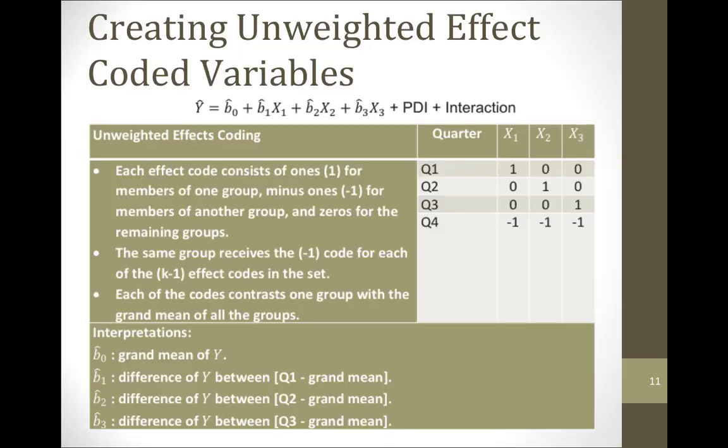And then B1 will be the difference between Q1 and the grand mean, so these two added together give the Q1 mean. B2 is the difference between Q2 and the grand mean, and B3 is the difference between Q3 and the grand mean.